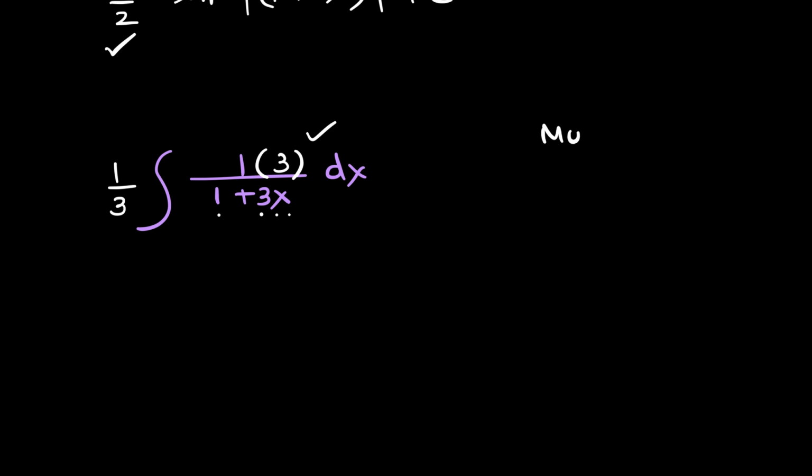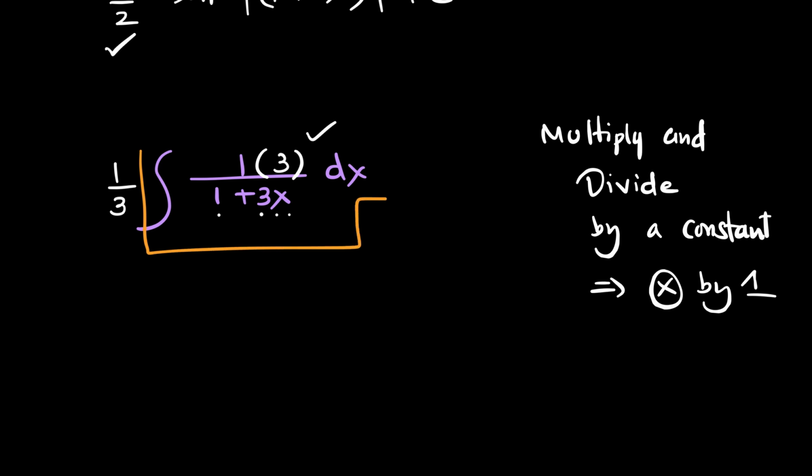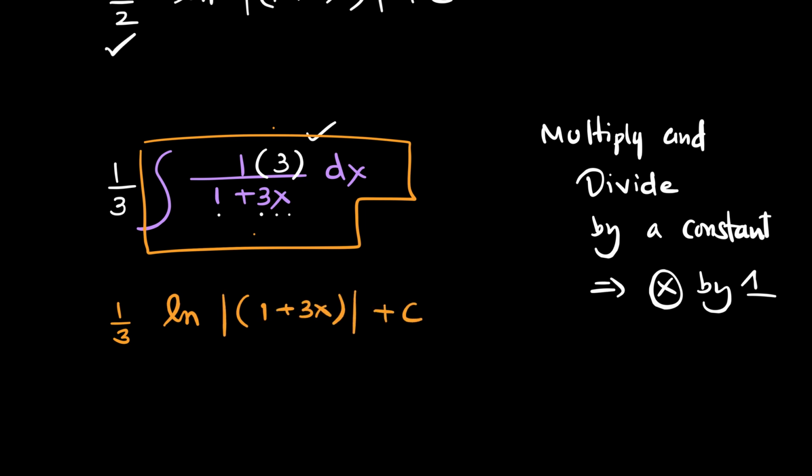Now remember this rule: when we multiply and divide by a constant, basically it's the same thing as multiplication by 1. Everything remains the same. So now this integral fulfills the criteria that the numerator is the derivative of the denominator, 1/3 remains on the outside, 1/3 ln|1 + 3x| plus c.